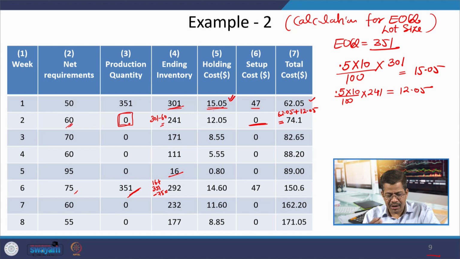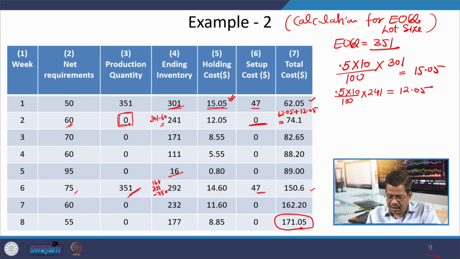So, you will pay now holding cost on these 292 which is 14.60. Since a production is happening this time, you are paying a setup cost of 47 and now the total cost is 171.05.